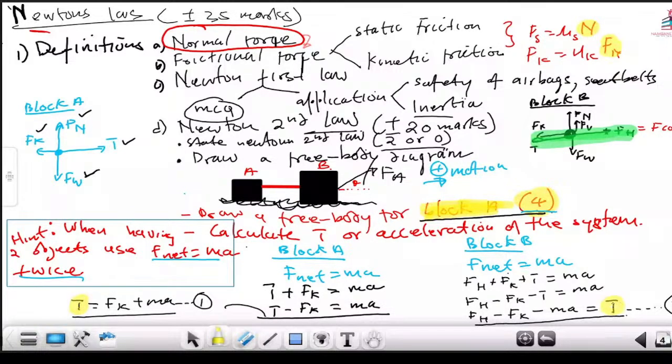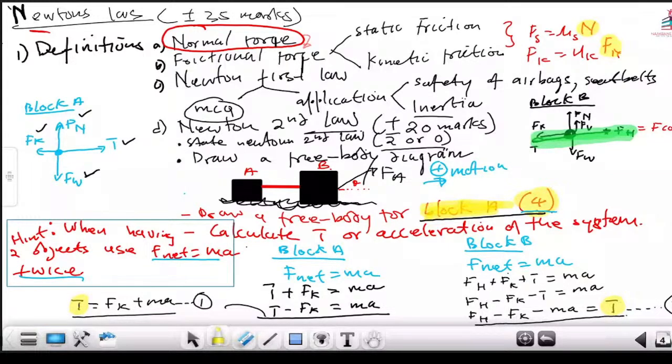But because they are connected to one string, the tension experienced by A is the same tension experienced by B. Then it allows us to equate the equations and solve for whatever the examiner asks. This will be plus minus 6 marks.